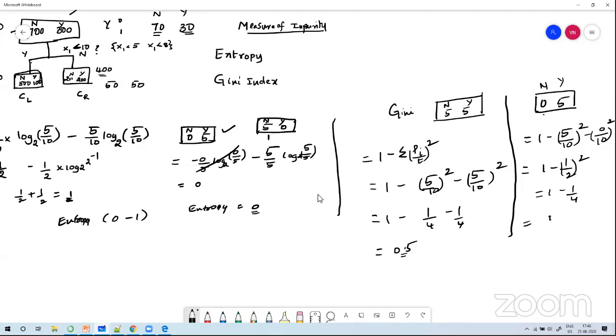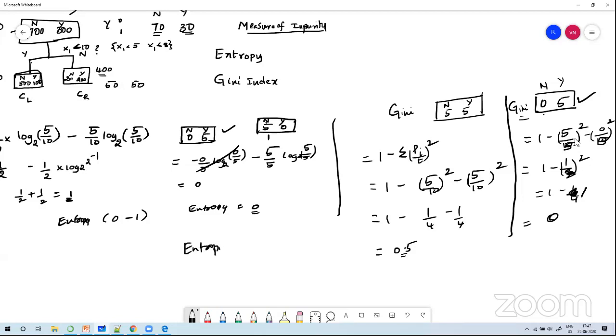That's not right. I made maybe a mistake somewhere over here. Oops. How come this is 5 by 10? It's 5 by 5, right? So this is 0 by 5. That's why. 5 by 5 is 1. 1 square is always going to be 1. 1 minus 1 is going to be 0. For a perfectly pure node, your Gini is going to be 0.